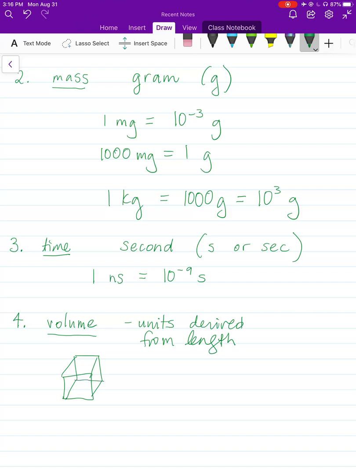So let's say we have a cube, and that cube has length, width, and height all the same. 1 centimeter length, 1 centimeter width, 1 centimeter height. What is the volume of the cube? Well, you just do length times width times height to get 1 centimeter times 1 centimeter times 1 centimeter, which equals, of course, 1 centimeter cubed.